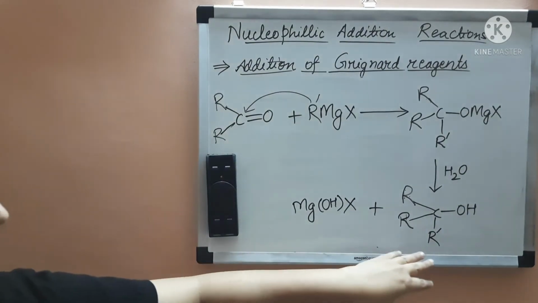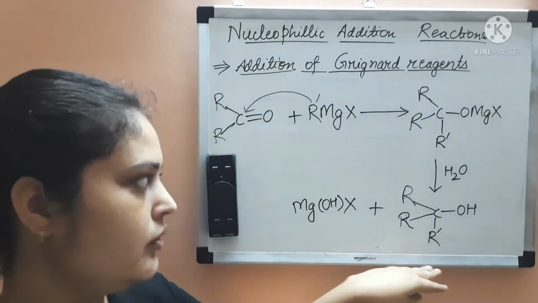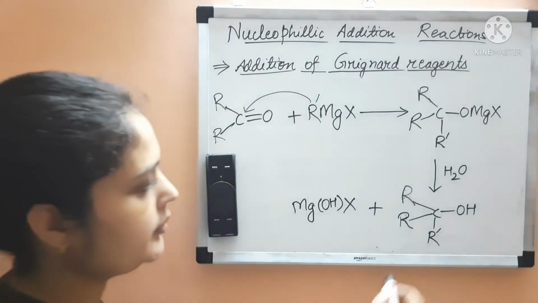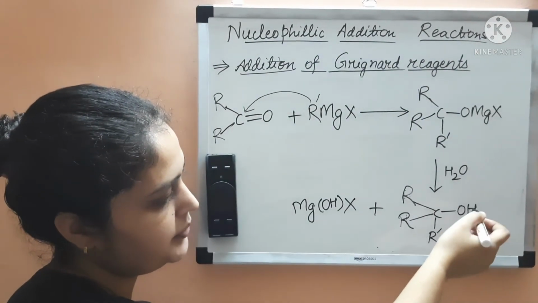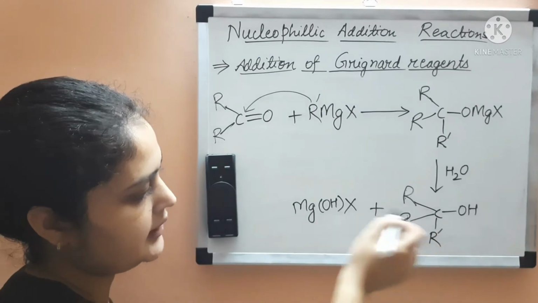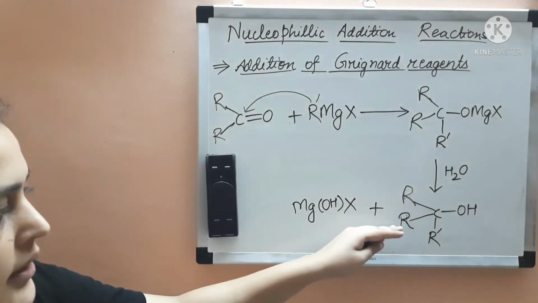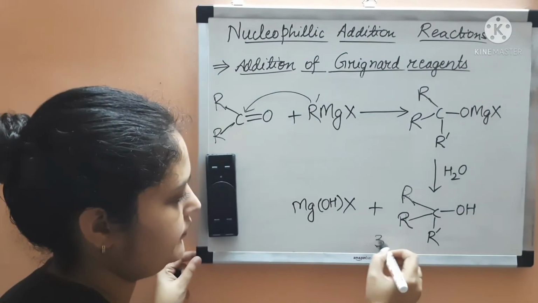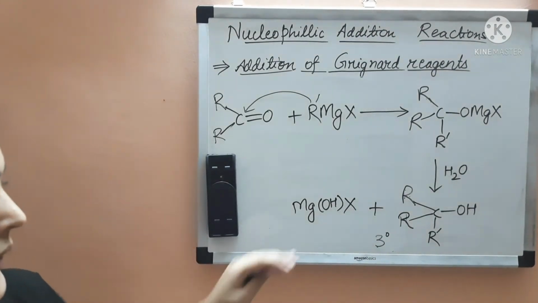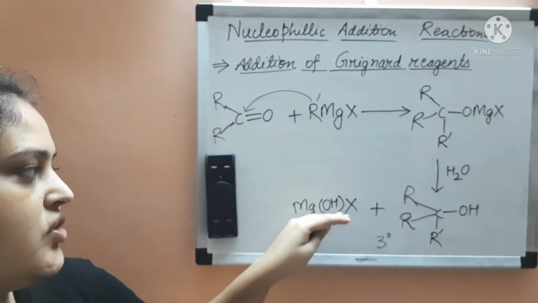So what you are getting? You are getting tertiary alcohol with the ketone. Why? Because the carbon where the hydroxy group is attached is attached to 3 alkyl groups, R, R and R'. So it is tertiary alcohol, and the side product is MgOHX.